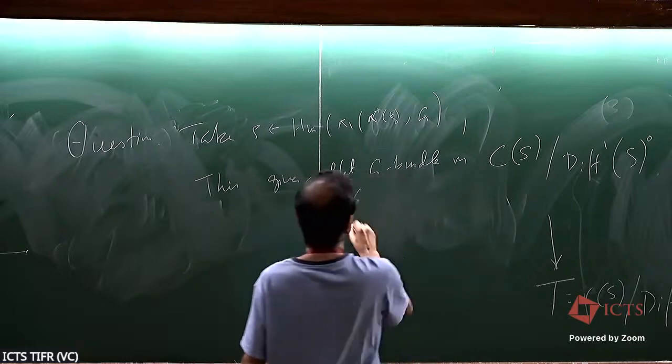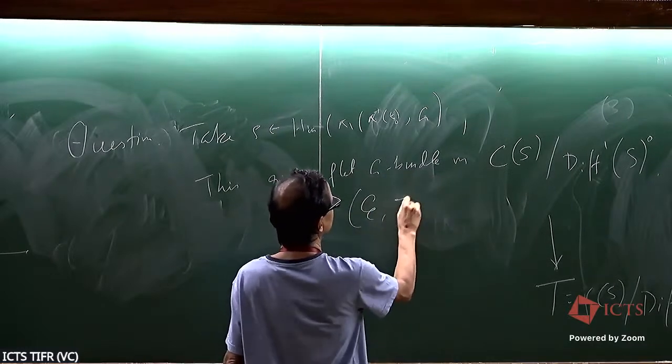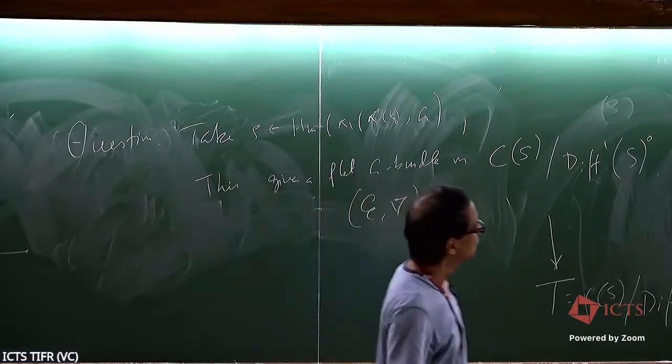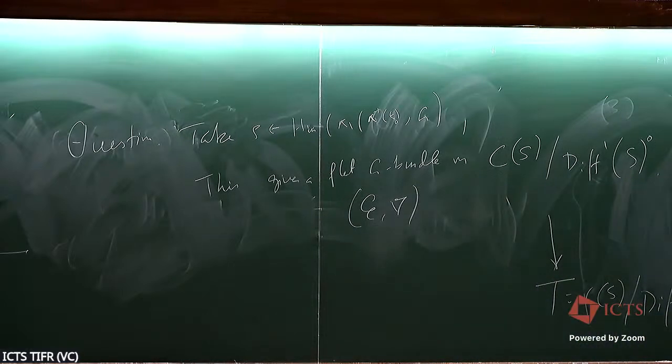Let us give a name. E nabla, let's call it. So on pi inverse of T, you have the restriction of E nabla to pi inverse T for each T. And this gives a Higgs bundle Vt comma theta t on pi inverse of t.